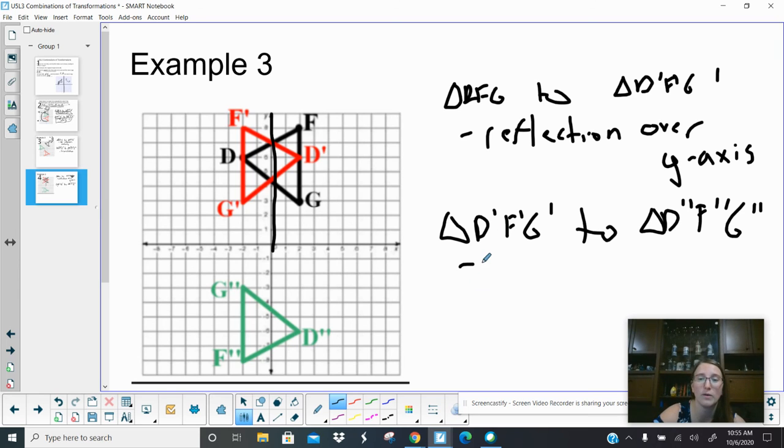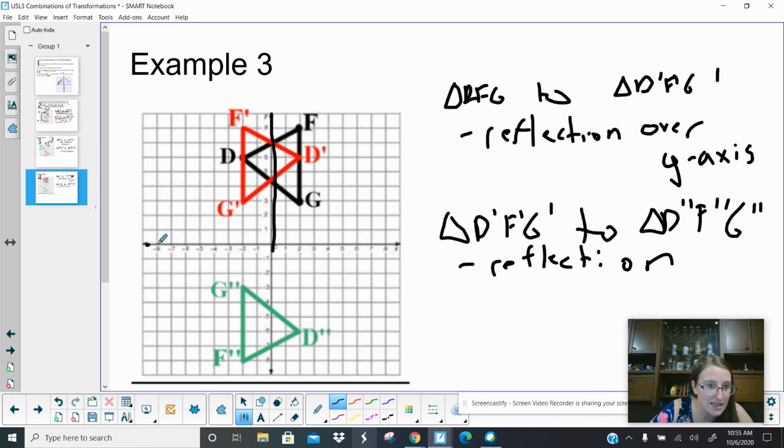This is a reflection. If you notice, G prime and G double prime are mirroring each other. D double prime and D single prime are mirroring each other, and F as well. F flips all the way over down here.